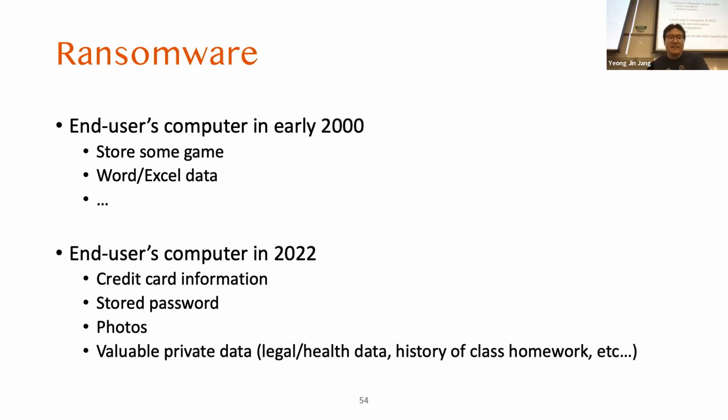The important difference is that end user computers in the early 2000s did not have much valuable private information, but in 2022 we have a lot of valuable information on our computers that can be exploited by attackers. That's why attackers were not focusing on the user's computer in the old days, but these days they can lucratively hack the end user.